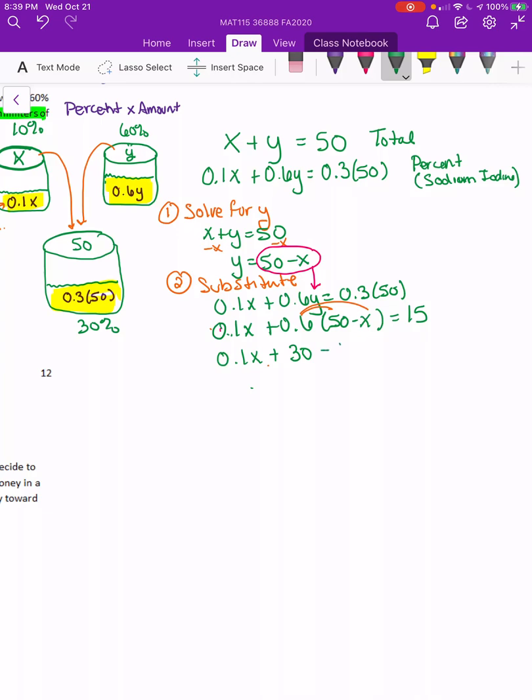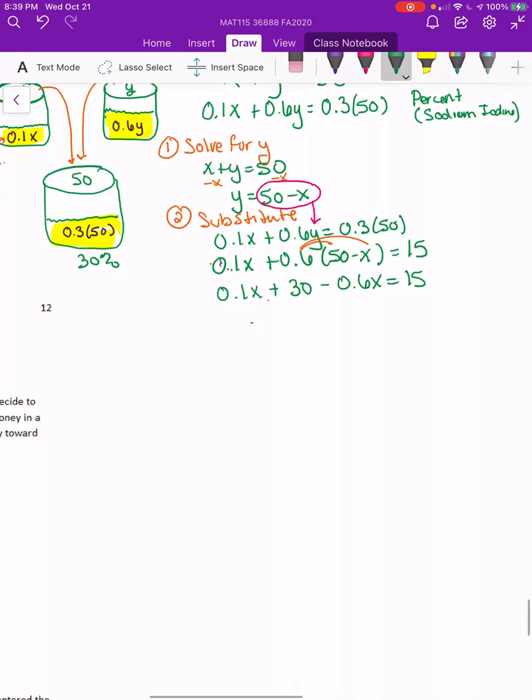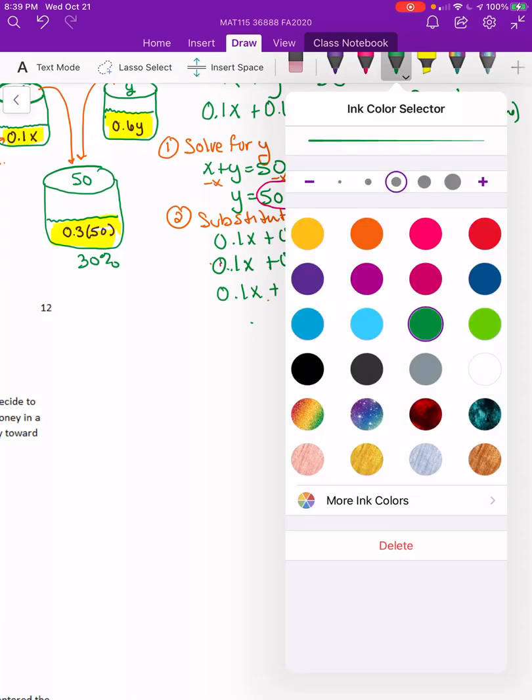And then minus 0.6x is equal to 15. All right, and again, don't start adding or subtracting to both sides. We can combine these like terms. So we'll have 30 minus 0.5x, because 0.1 minus 0.6 is going to give me negative 0.5. So that equals 15.